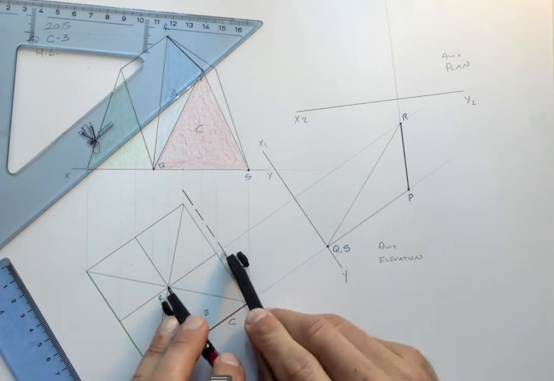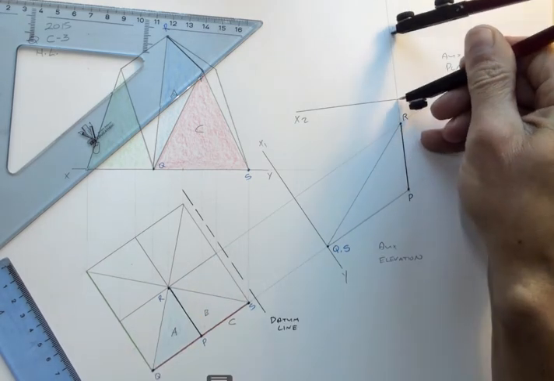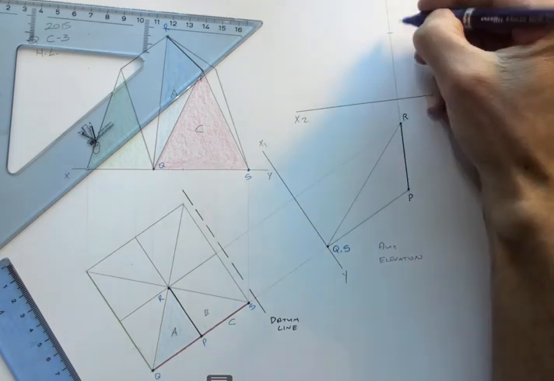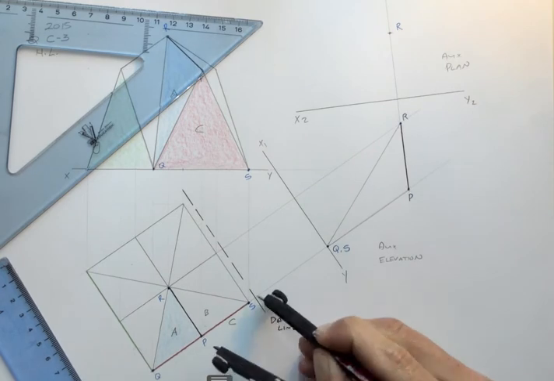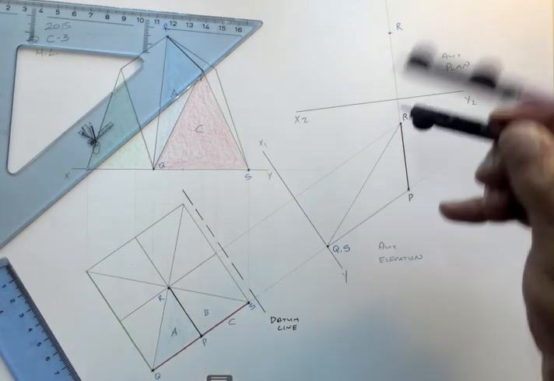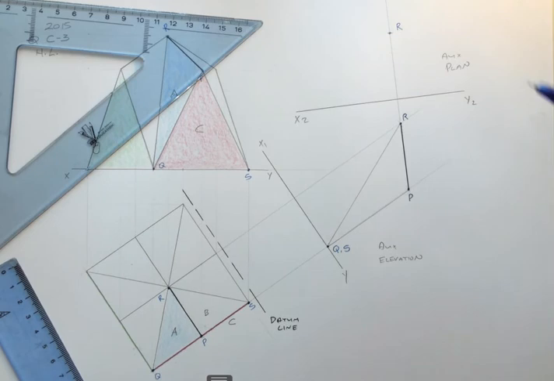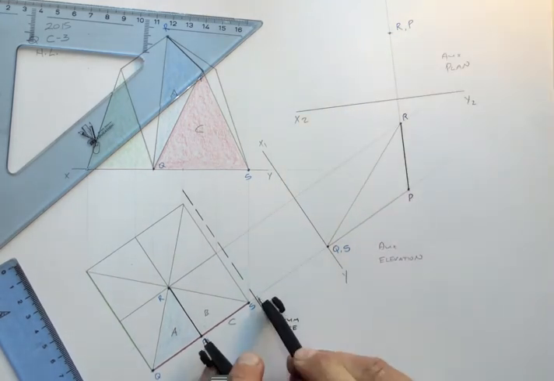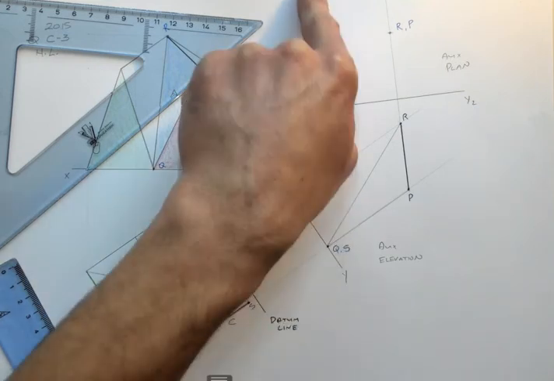Datum line to point R, we strike it off. Datum line to P is the same distance, which means they end up in the same place. So P and R end up in the same place. Q to the datum line is here, and I need to project out point Q now.